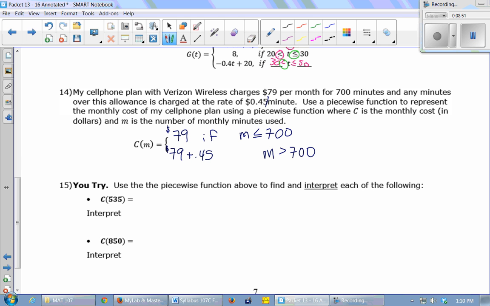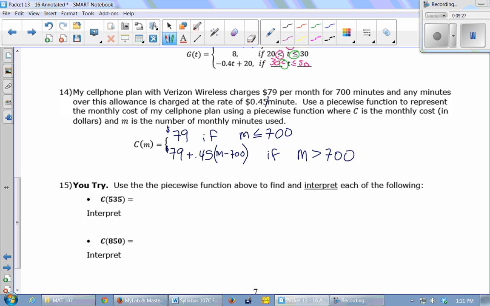Take the number of minutes you talked, like say you talked 1,000 minutes. Take away your 700 because those 700 are included in your $79. So you're getting charged 45 cents a minute for just the 300 beyond 700 that you talked. So you just have to do 0.45 times M minus 700. We figure out how many over 700 we went by subtracting, and you use that formula if M is bigger than 700.